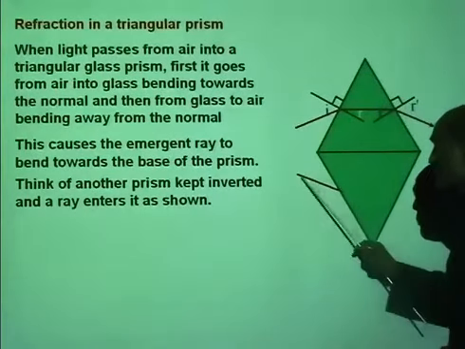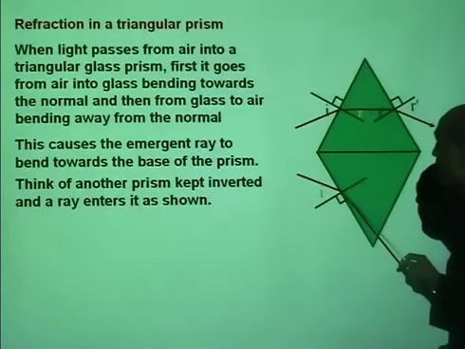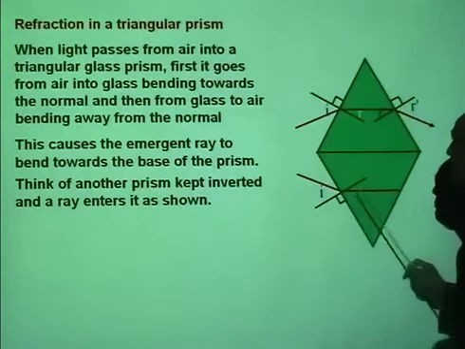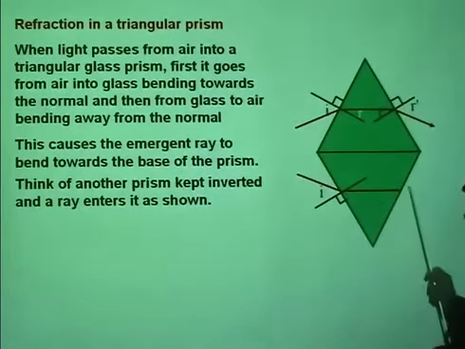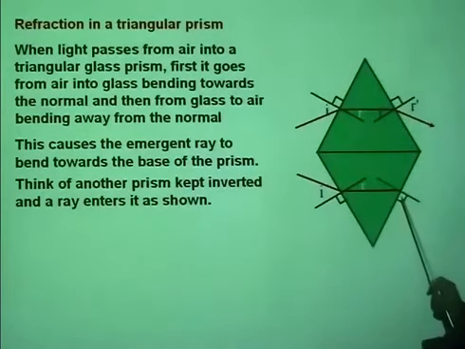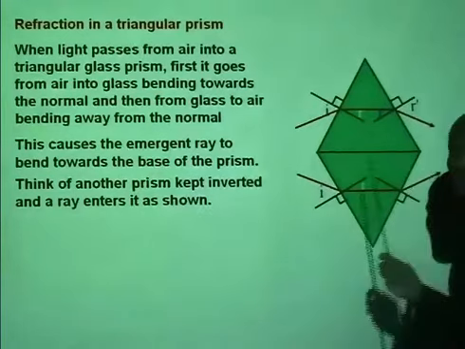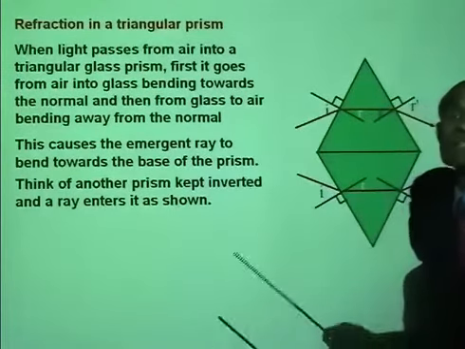You can see this ray will bend towards the normal, and it will go like this. It will bend towards the normal, and when it comes out of the glass, it will bend away from the normal. There you are. Again, the emerging ray is bending towards the base.